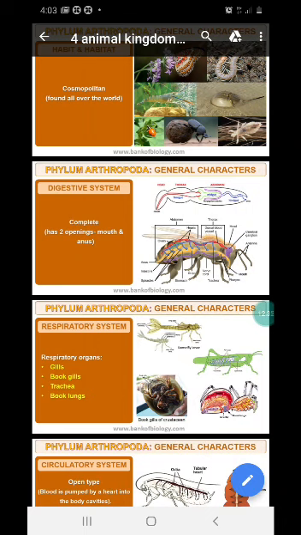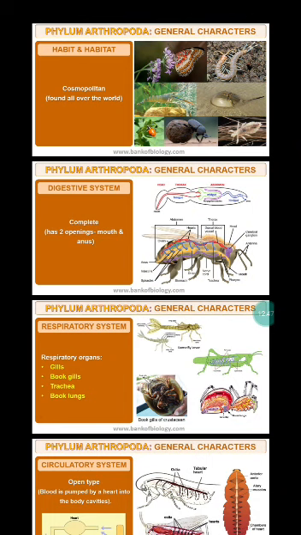Coming to the different kinds of systems, the digestive system is complete, starting from the mouth to the anus. In different insects, different kinds of respiratory organs are present.